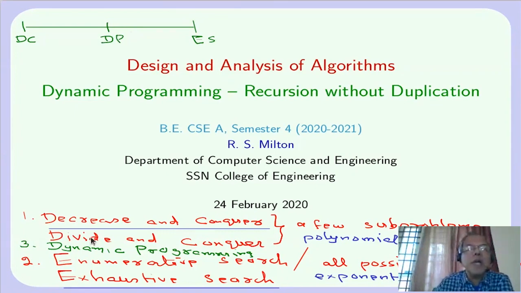The motivation for dynamic programming, I have not explained what is dynamic programming. Let's say strategy 1, strategy 2, strategy 3. The motivation for this new strategy comes from exhaustive search. Exhaustive search is implemented using recursion. And it results in a large number of subproblems.